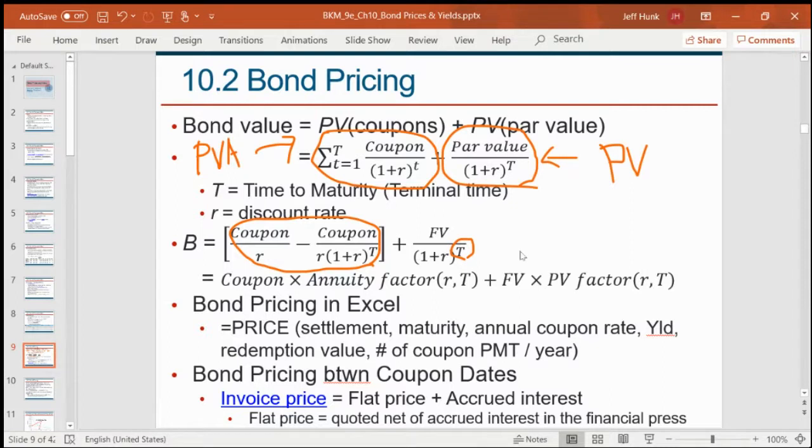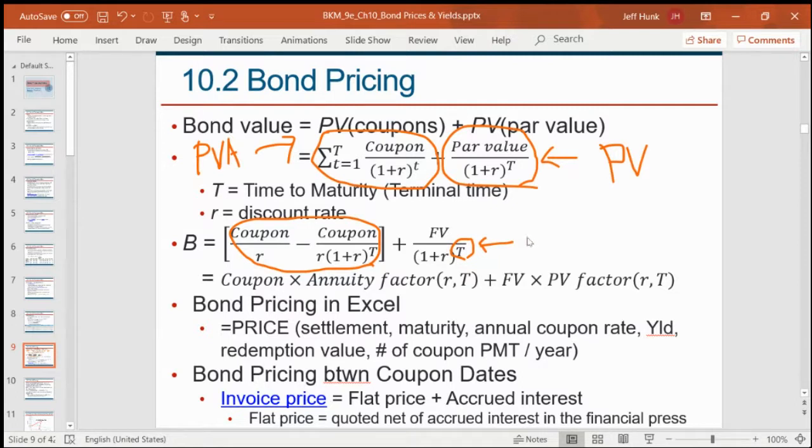There will be 20 coupon payments. The actual number of compounding periods is not 10 but 20, because the bond is on a semi-annual cycle.